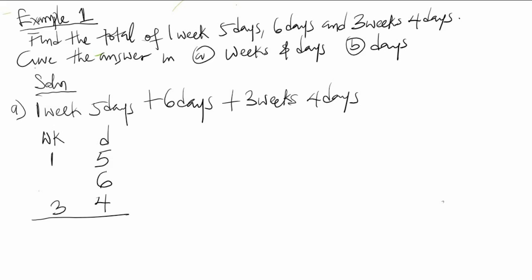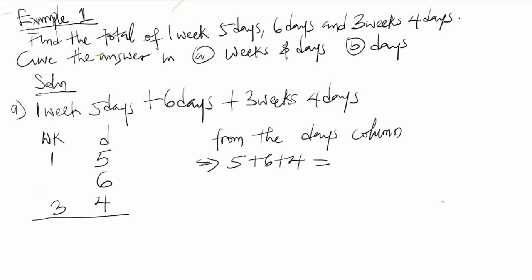So let us start with the days column. We add up the figures in the days column, which is 5 days plus 6 days plus 4 days, which will give us a total of 15 days.